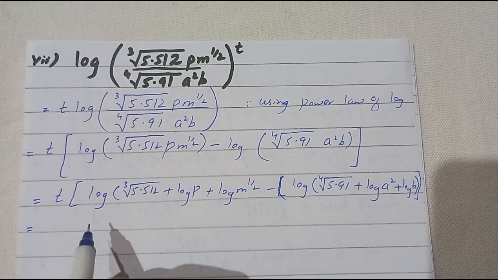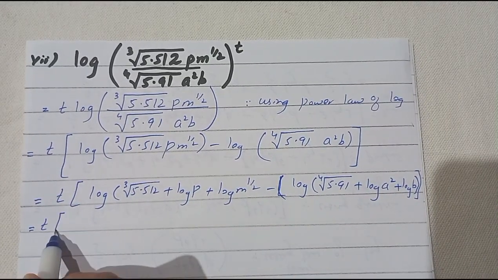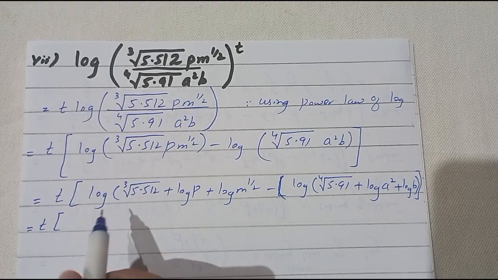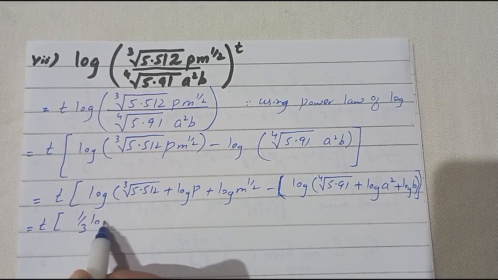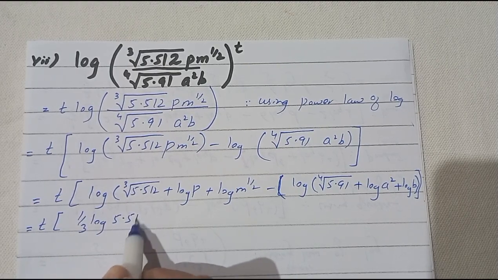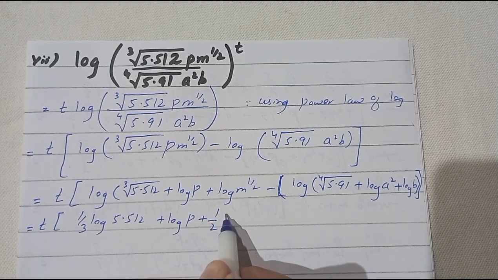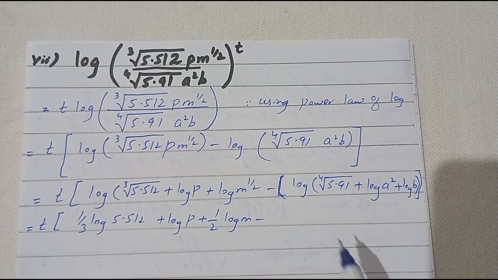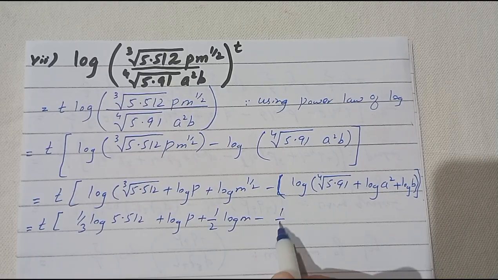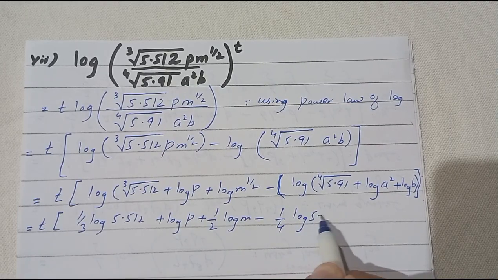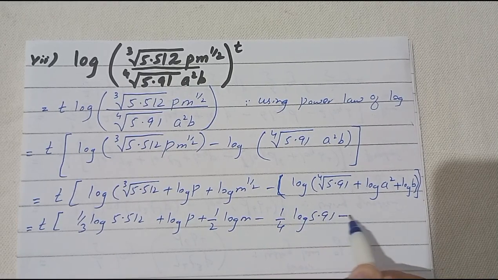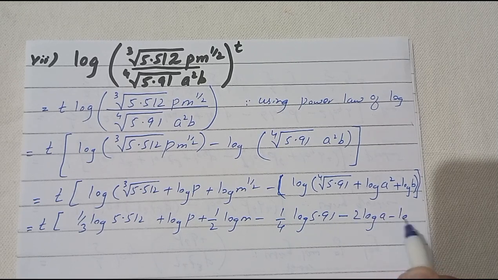Now using power law of log, all the powers come at start. Here power is 1 by 3, so it comes at start. Log of 5.512 plus log of p plus 1 by 2 log of m minus, power is 1 by 4, 1 by 4 log of 5.91 minus 2 log of a and then minus log of b.